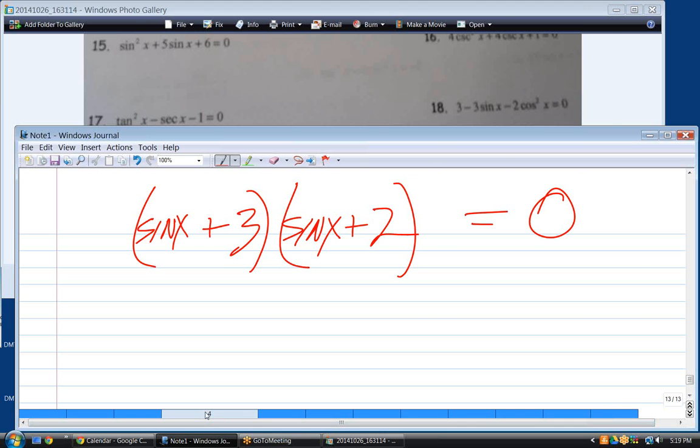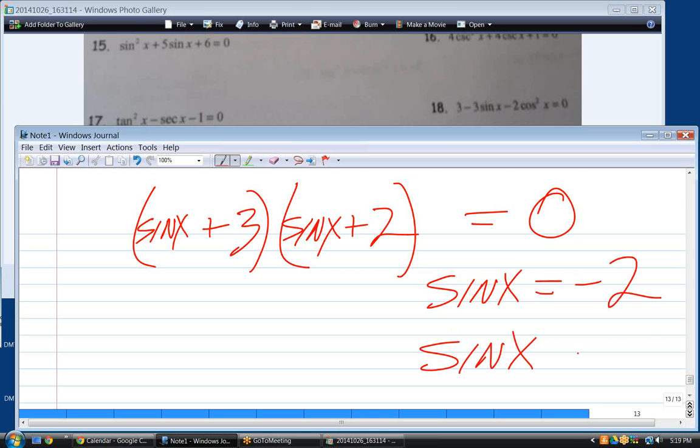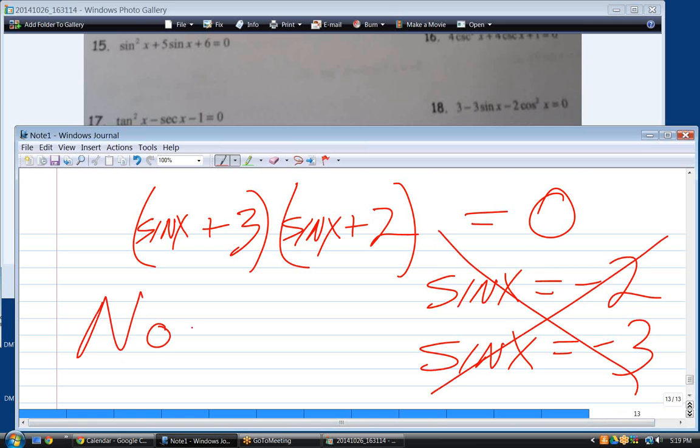So now what? Sine x equals -2. Is that possible? I don't think, no, it's not possible. No solution. Okay. There is no angle in the world where that would be true.